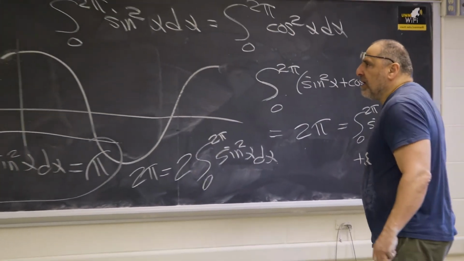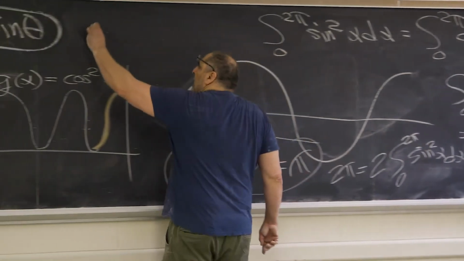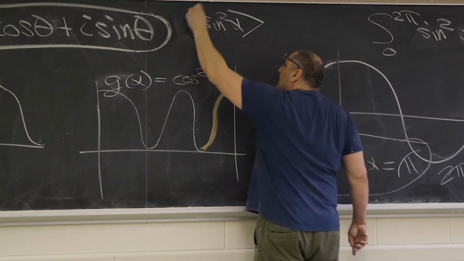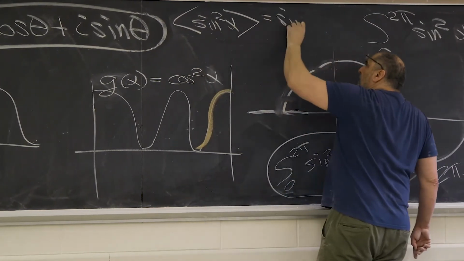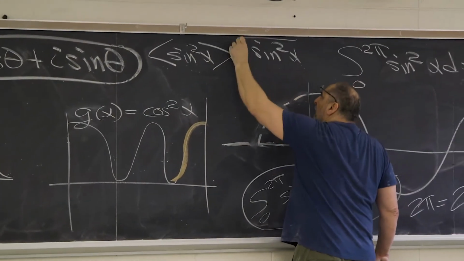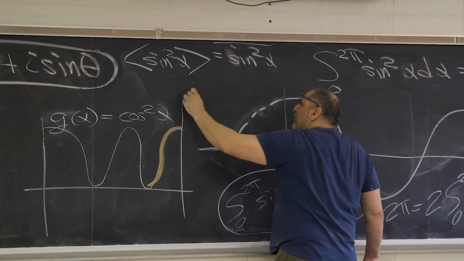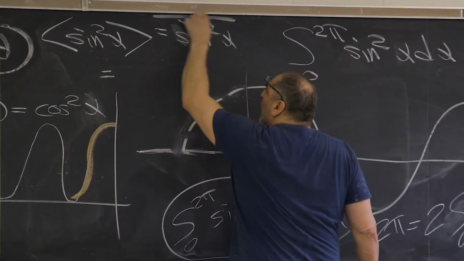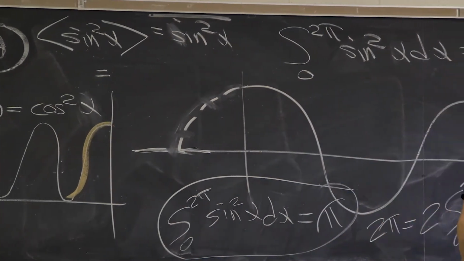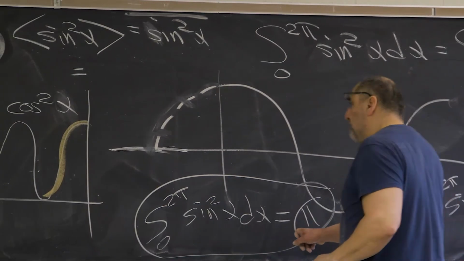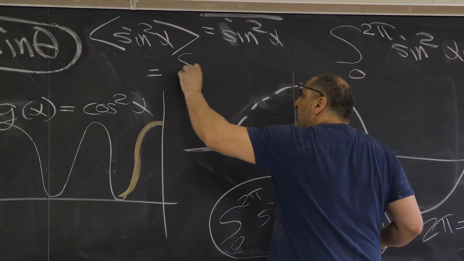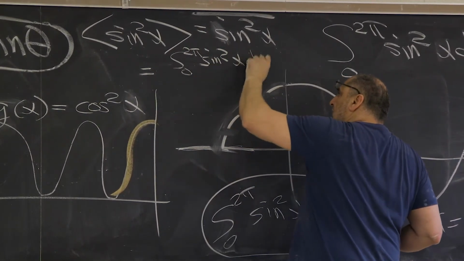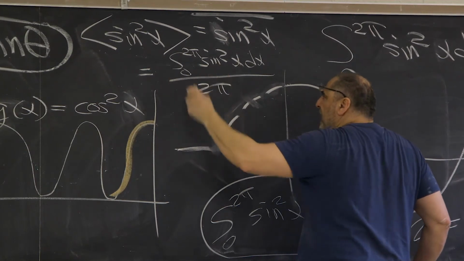That's pretty interesting. What's the average then? The average of the sine squared function, the expectation value, so to speak, put a bar over it. The average of that is going to be the integral from 0 to 2 pi of sine squared x dx over 2 pi minus 0.